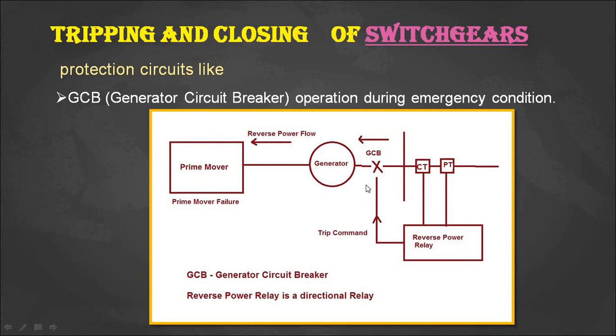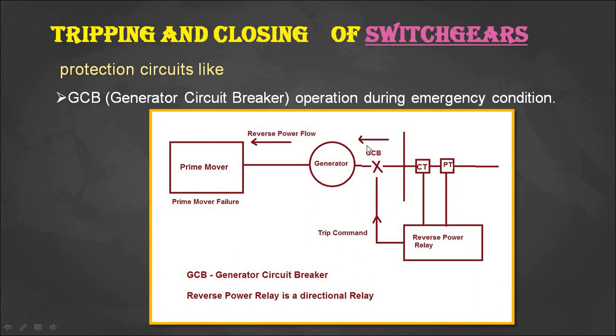For that we need to have a reverse power relay. The reverse power relay senses if there is any power flow from the grid to the generator, and that will trip the generator circuit breaker. Then that will isolate the generator from the grid.